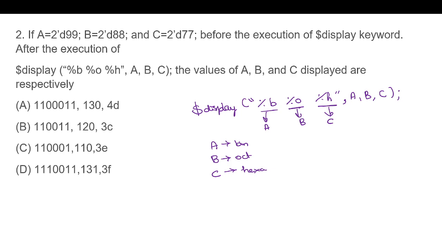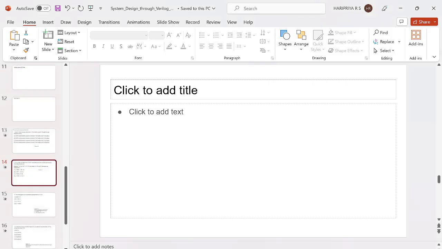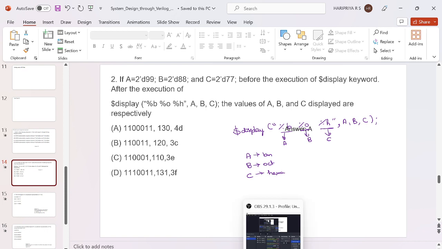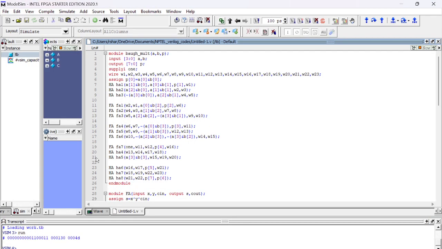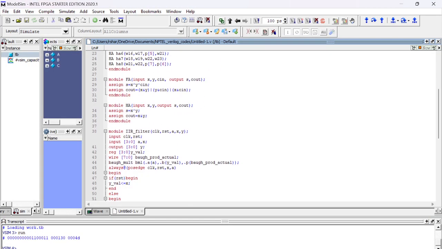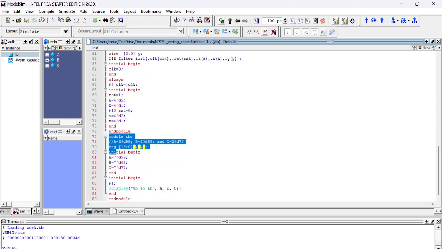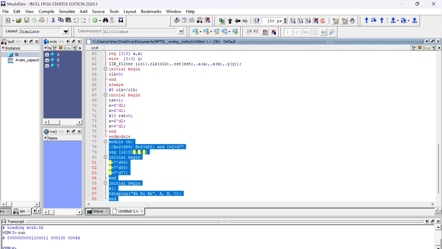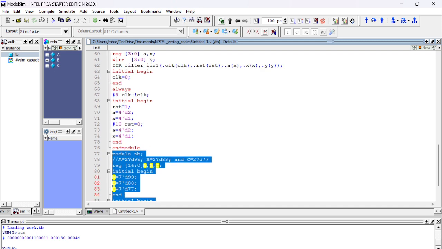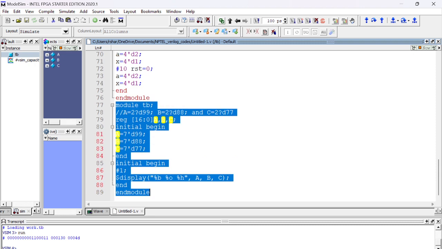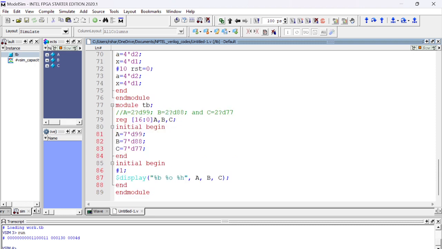If you simulate this, this is the code. So these are the values given in the question.